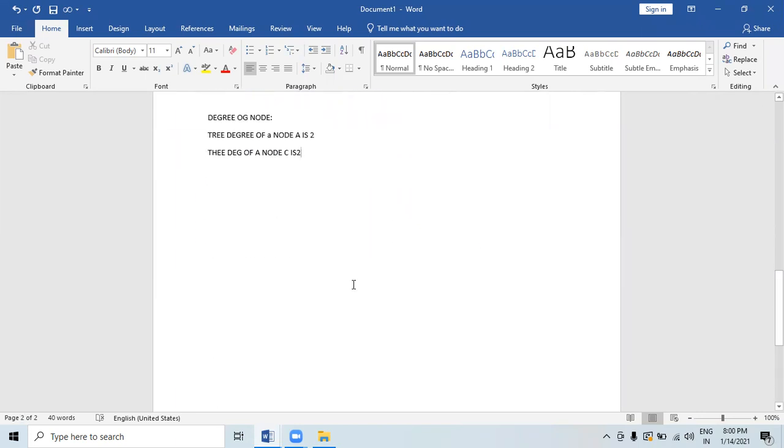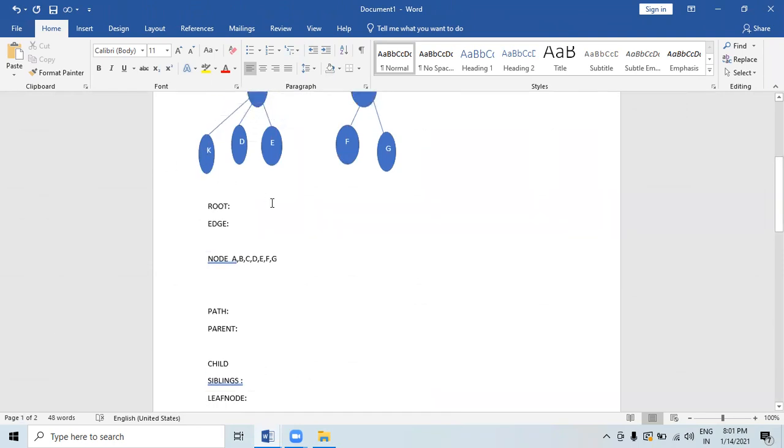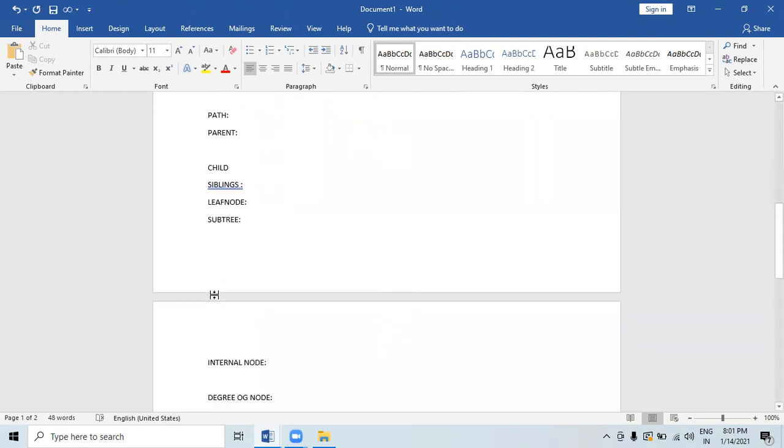Then the degree of node B is 3. Why? Because B is having 3 children, right? So in a tree data structure, the total number of children of a node is called the degree of node. So we know now what the degree of a node is, right?